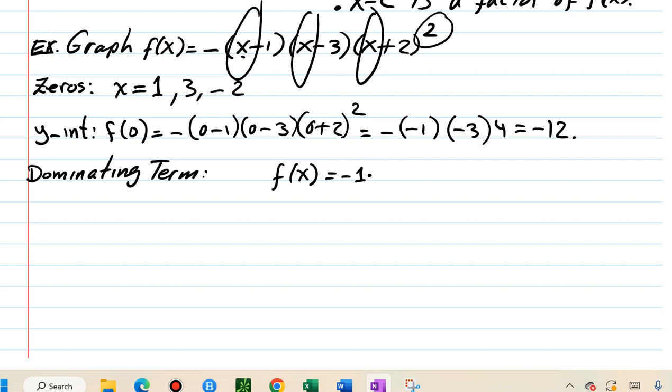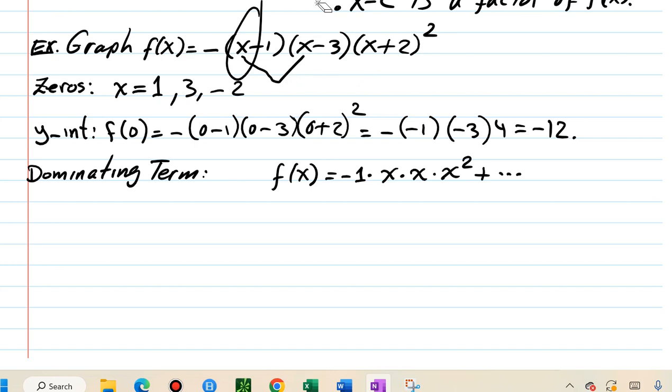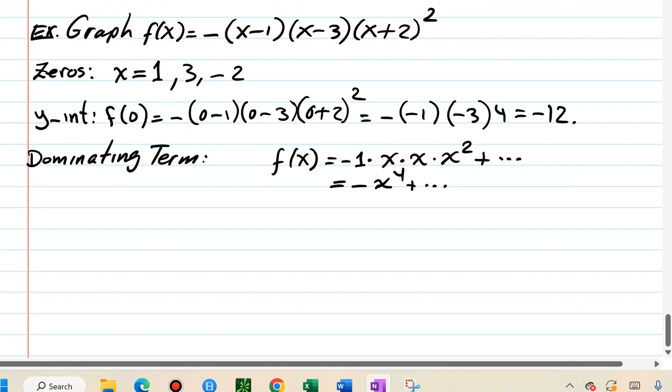I would be multiplying an x here and an x here, and then x squared out of the binomial times x squared. And then, of course, the whole function f(x) would be plus a bunch of other stuff, which we really don't care about at this point, because we don't care about in between. We want to know the end behavior. So the first term of this polynomial is going to be negative x to the 4th plus whatever. That would be the dominating term of this polynomial.